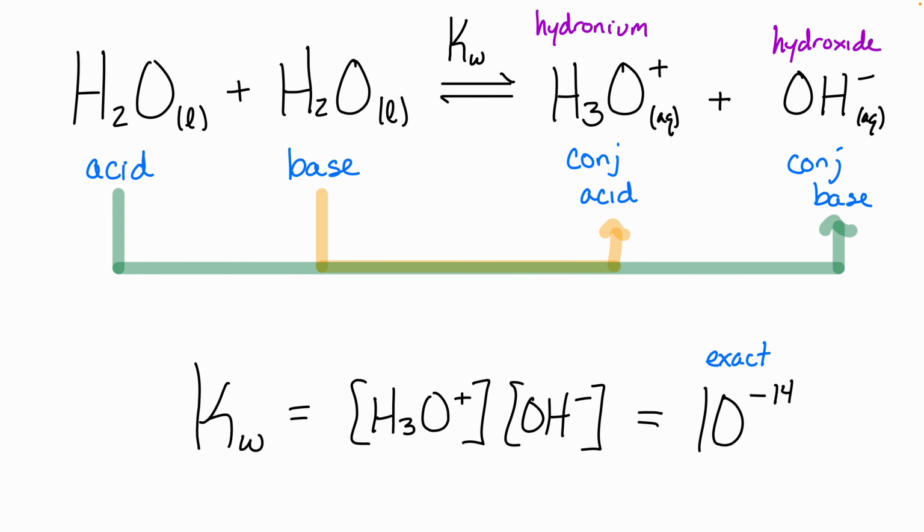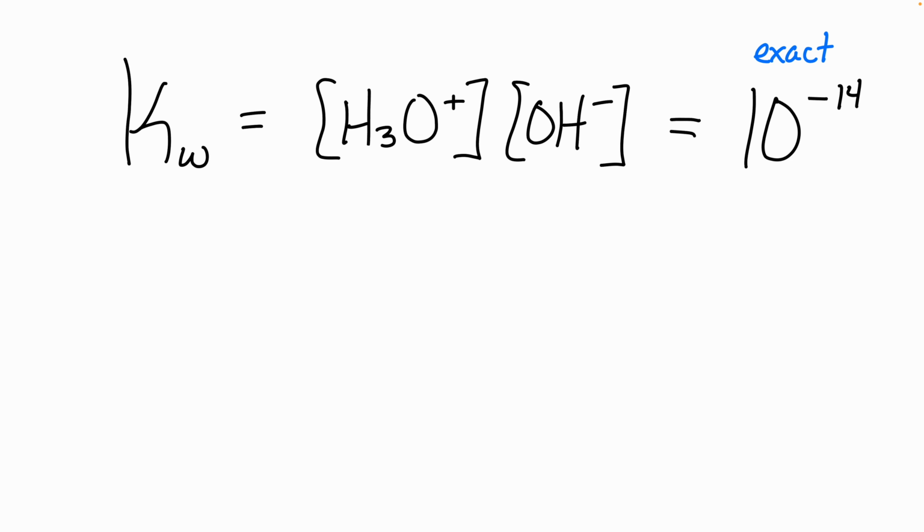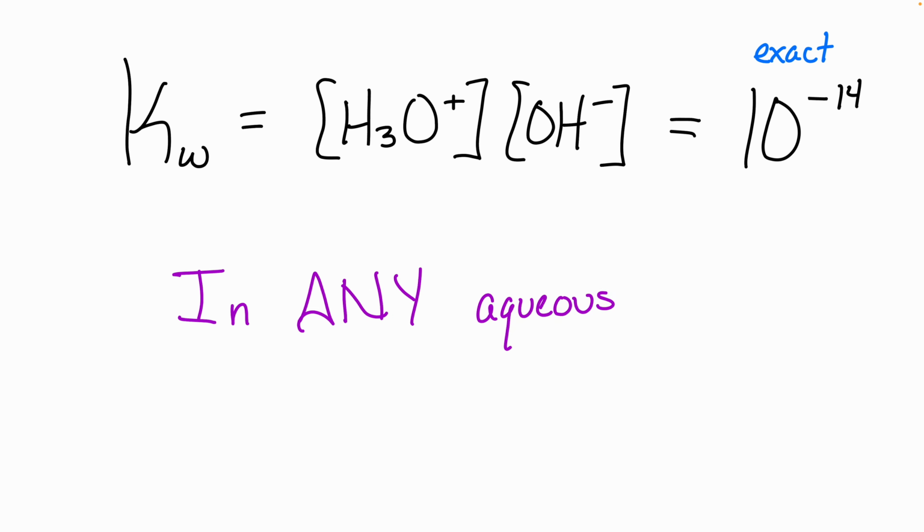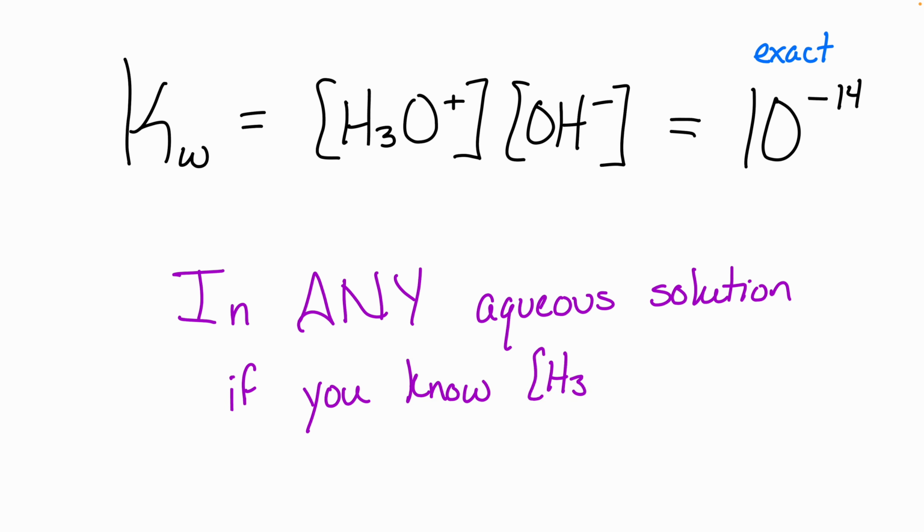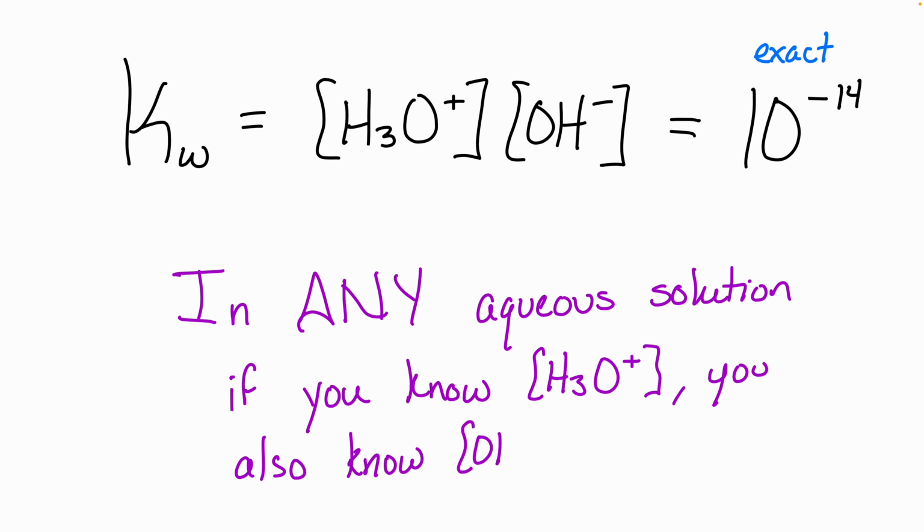Okay? And importantly, what this is really saying, and the important thing to keep in mind, is that in any aqueous solution, if you know the concentration of one of these two, so let's say hydronium, then you also know the concentration of hydroxide, and vice versa.